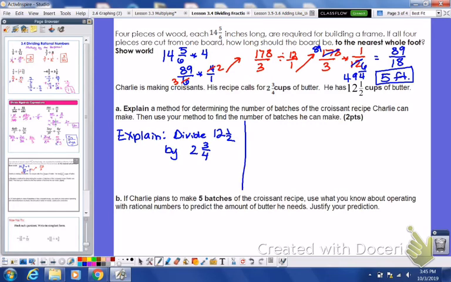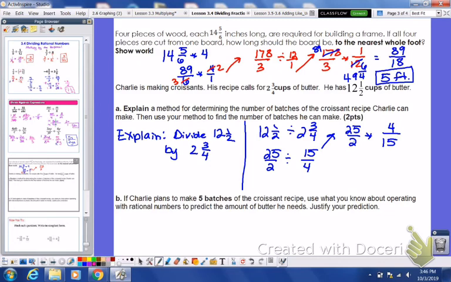Now, let's actually do it. So 12.5 divided by 2 3/4. We go ahead and change this into improper fractions. So 2 and 12 and 1 gives us 25 over 2 divided by 12 and 3 is 15 over 4. And I'm going to do a quick arrow here. So 25 over 2 times our reciprocal, so times 4 over 15. I see lots of reducing I can do here.